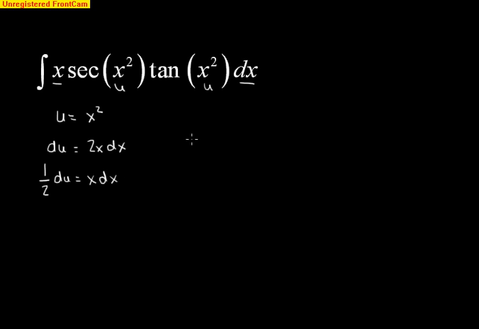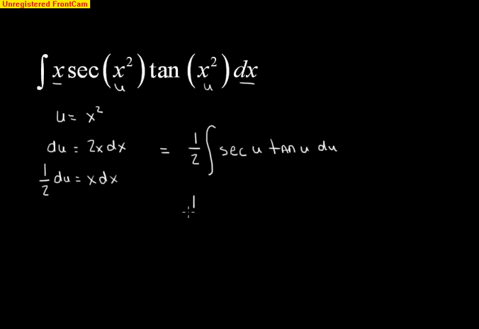I wanted x dx. So for my new integral, the 1/2 comes out front, and then I'll wind up with the secant of U and the tangent of U du. Again, knowing your integration rules, the integral of secant tangent is just secant.